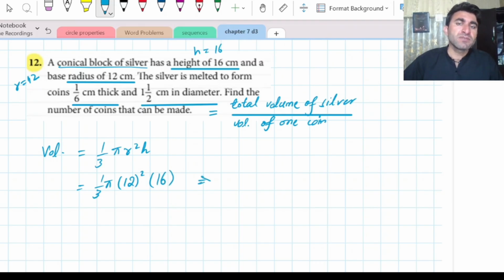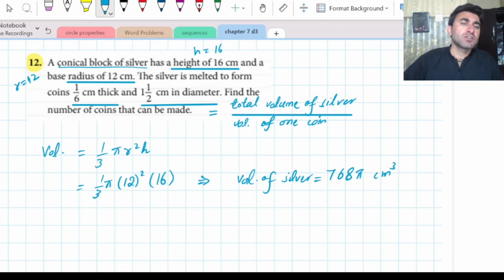So that will give us the volume of silver, and it equals 768π cm³. So that is the total volume of silver we have, and we are reshaping this conical block into coins, and we know the coins are cylindrical, so definitely we need the volume of one coin.